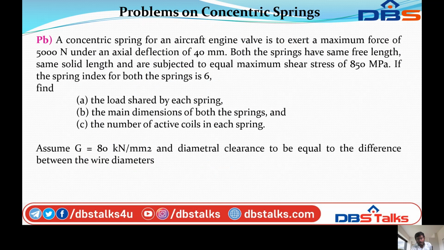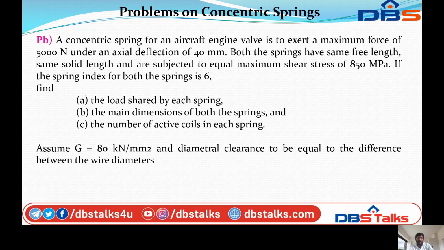So next, problems on concentric springs. A concentric spring for an aircraft engine valve is to exert a maximum force of 5,000 Newton under an axial deflection of 40 mm.